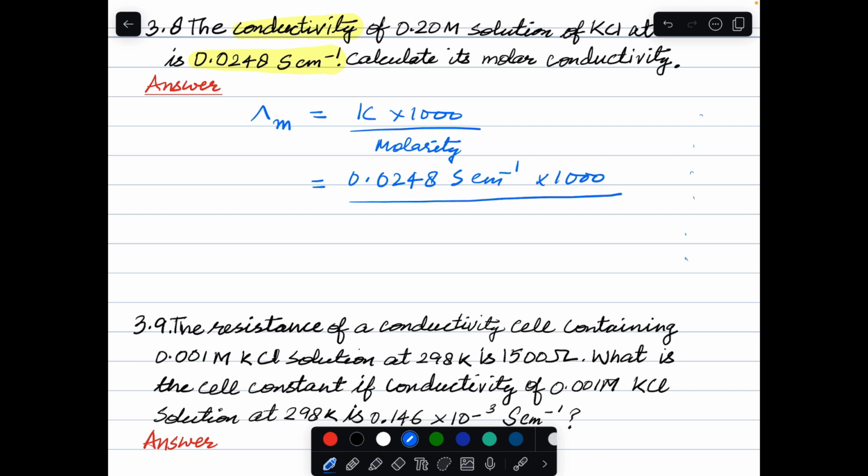It is 0.20 M. So after calculation and simplification, when we simplify the units also, we will be getting the value as 124 Siemens centimeter square per mole. Okay, this is the molar conductivity. So this is our answer. Simply we have to put down the value and we have to calculate.